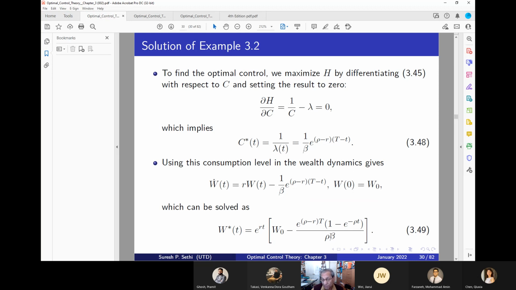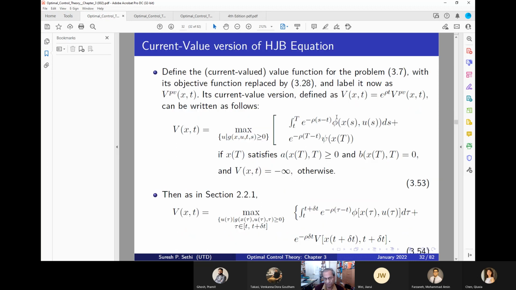And the bigger the value of B, the smaller this quantity will be, and the bigger W star T will be. What is it telling us? I can certainly put this B here, whatever that B is, and it will automatically give me the wealth that I want. So that's exactly what I'm going to do.